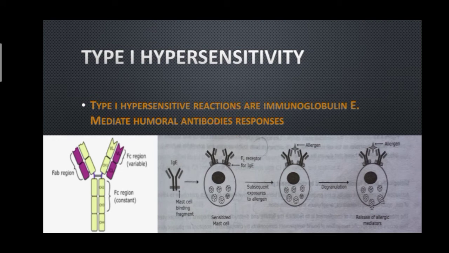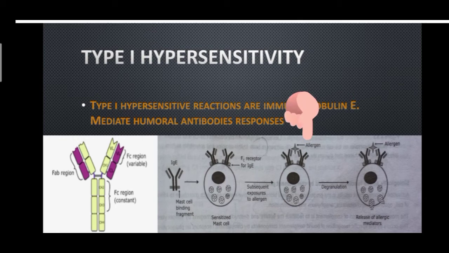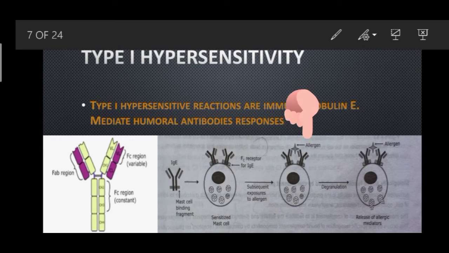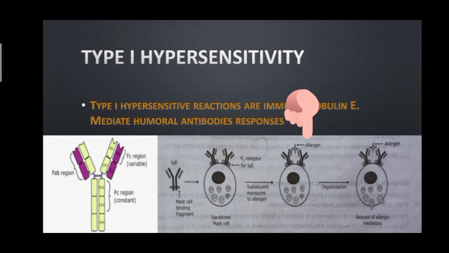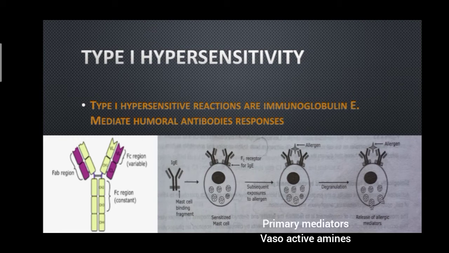If you see the picture, you can relate it with my explanation. So this high affinity IgE specific Fc receptor is expressed on mast cells and basophils, and when cross-linked by antigen, the IgE antibody triggers the mast cells and basophils to release primary mediators, vasoactive amines, stored in the granules, which is called degranulation.